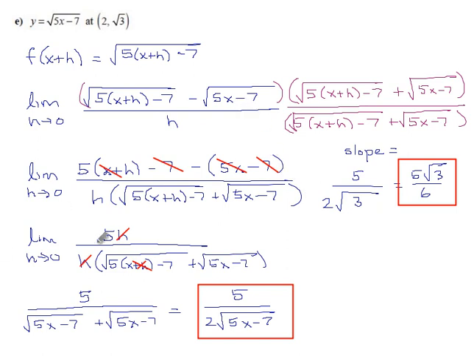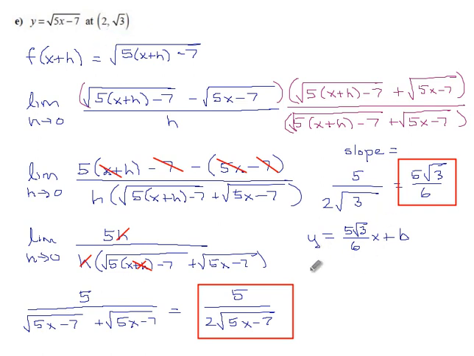And finally, they want the equation of the tangent line. y equals, the slope is 5 root 3 over 6. Sorry. What I said was right, what I wrote was incorrect. 5 root 3 over 6 x plus a b that I don't know. And we need this line to go through x equals 2, y equals root 3.